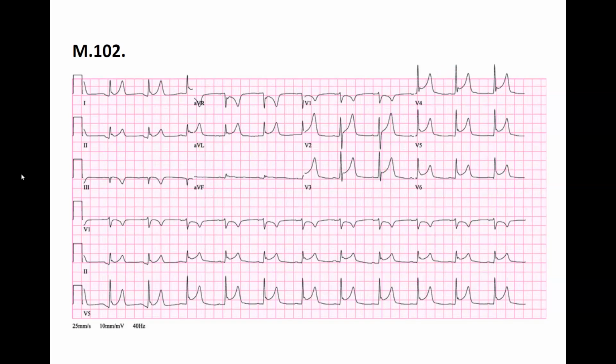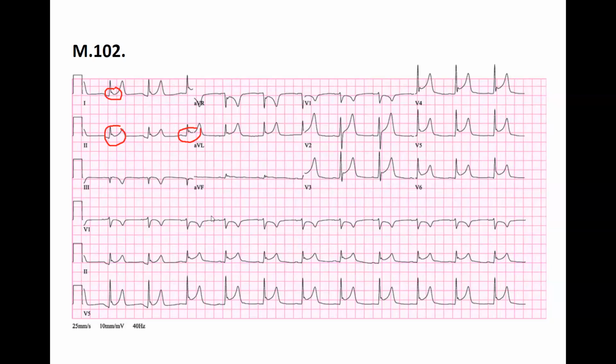Yes, I think I can see some ST elevation. Where? Maybe in lead 2. Okay, this is a notch, it's very characteristic. So lead number 1, lead number 2, all right? And aVL, can you see this in aVL? Yes.